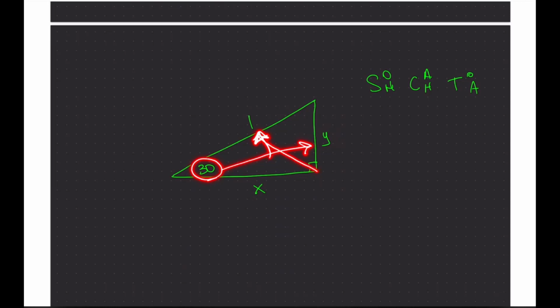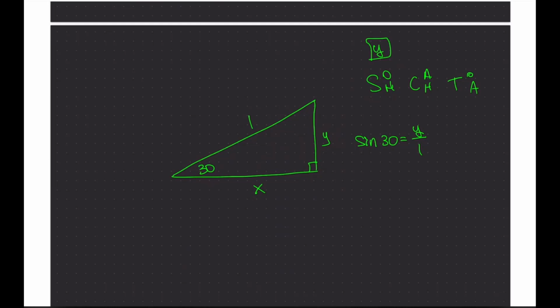That's always going to be my hypotenuse, right? So I'm using opposite and hypotenuse. So anytime I'm looking for Y, I'm always going to use my sine. Right, this is always going to give me my Y value. So the sine of 30 equals Y over 1.